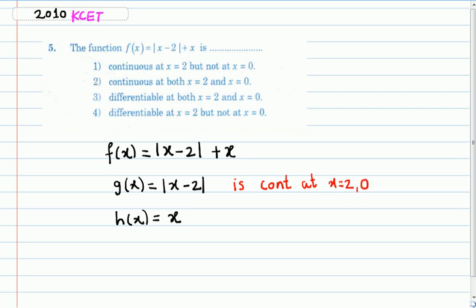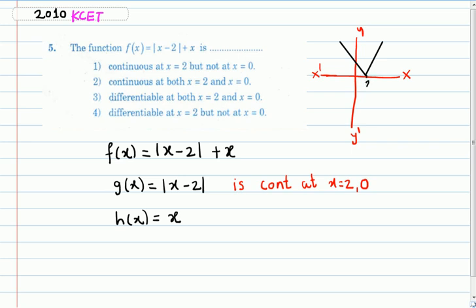If you remember the graph of mod x minus 2, I hope you remember it, with the x dash, y and y dash axes. This is the graph of the function.